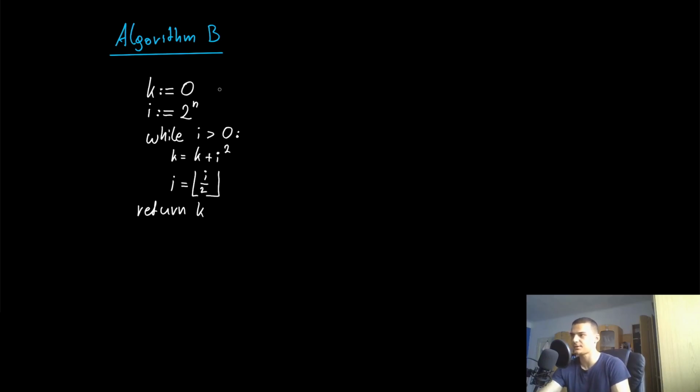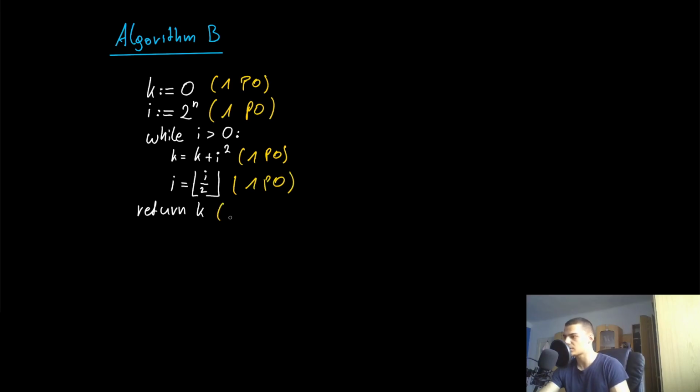So K equals 0 is again one primitive operation. I equals 2 to the power of N is one primitive operation. In here we have one primitive operation, and in the end we also have one primitive operation. Now the only question that we have here is how many times does this while loop iterate or execute?